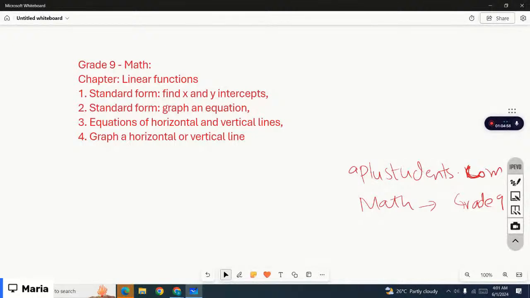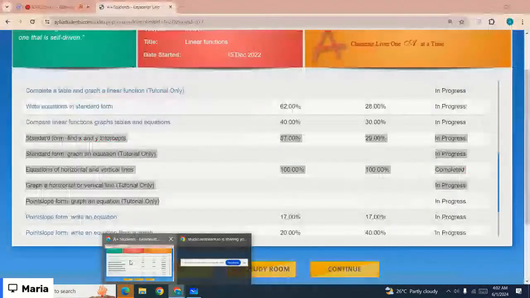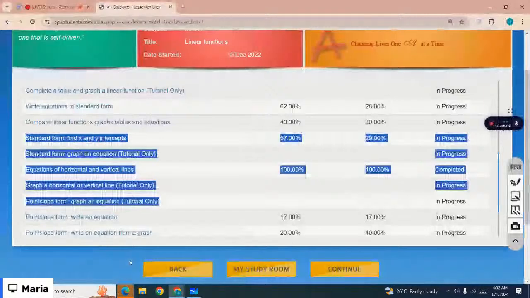Please make sure you have your notebook and pencil so that you can note down the important examples and definitions as well. Here I am on grade 9 math. We're going to start with the chapter standard form x and y intercept.